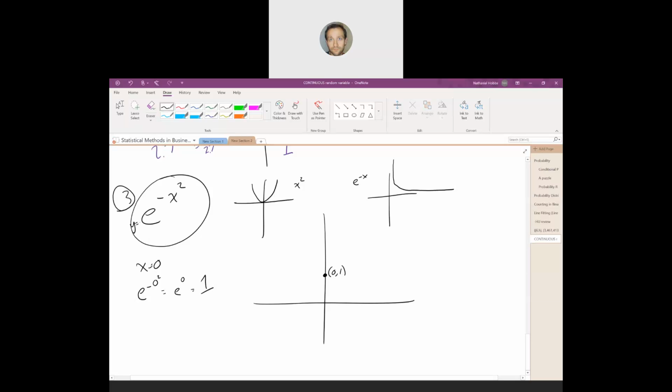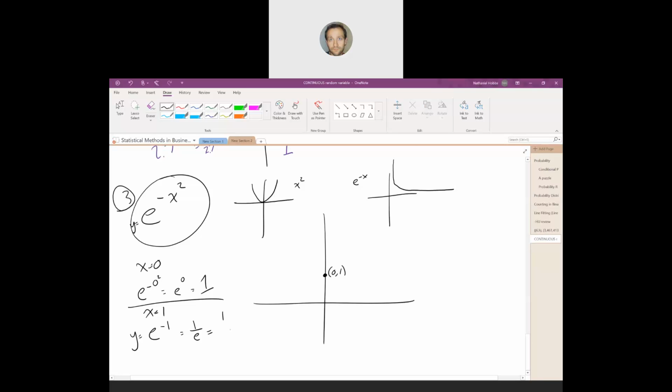All right, how about when x equals 1? How big is e by itself? You typed it in the chat. 2.718. All right, great.